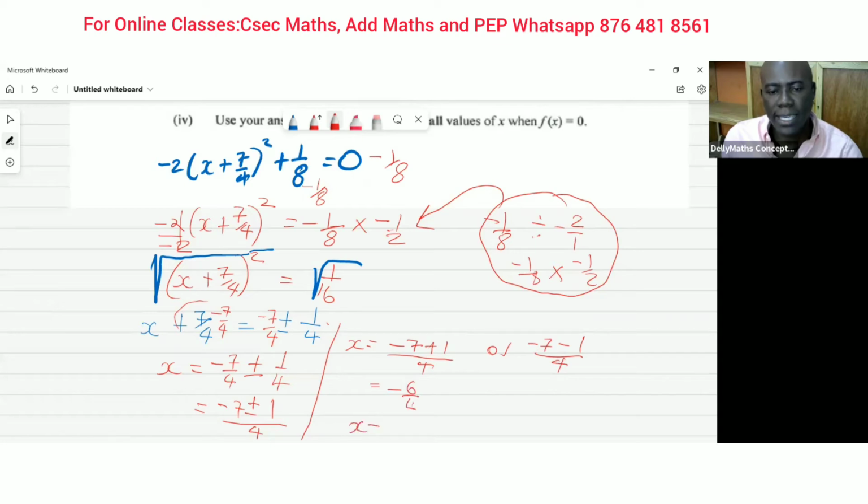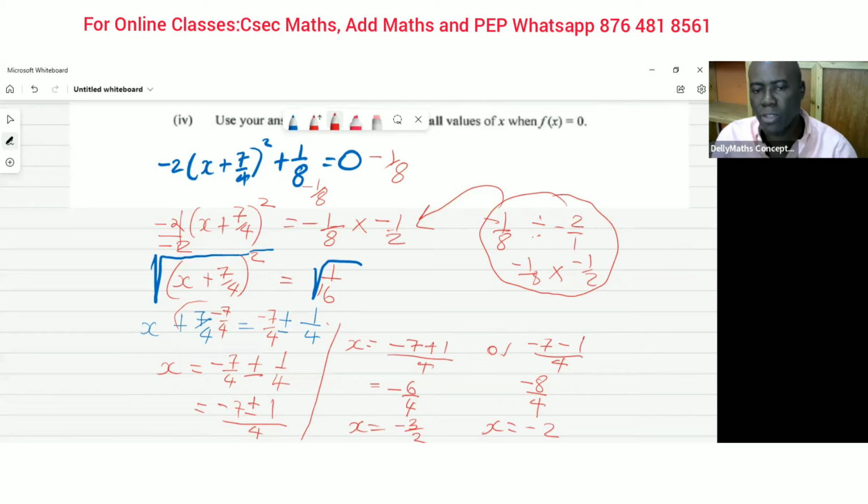So x can be canceled down. Using 2, we get negative 3 over 2. And this one will have negative 8 over 4, so x is equal to negative 2. So those are my two values of x there: x is equal to negative 3 over 2, as well as x is equal to negative 2.